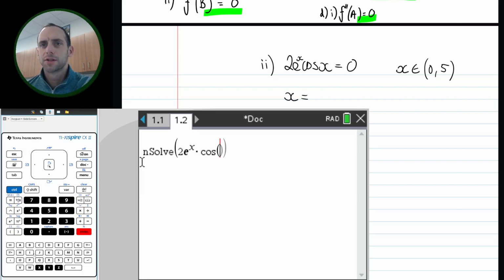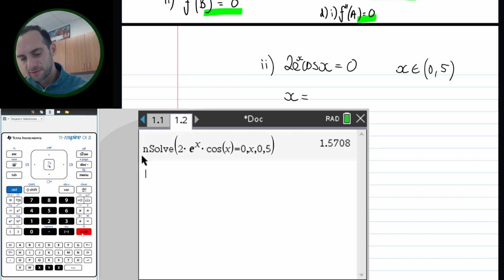Our trig function here is cosine x. We want that equal to 0. Our variable we're solving for is x. And our little range, or our domain that we want to solve on, somewhere between 0 and 5. Okay? And it spits this out nicely for us as 1.57 to 3 significant figures. If that number looks familiar to you, that is actually pi over 2.